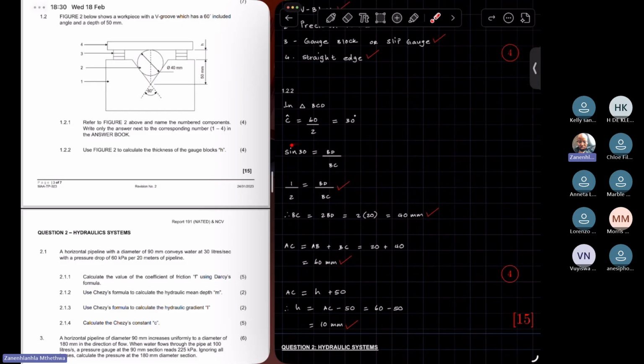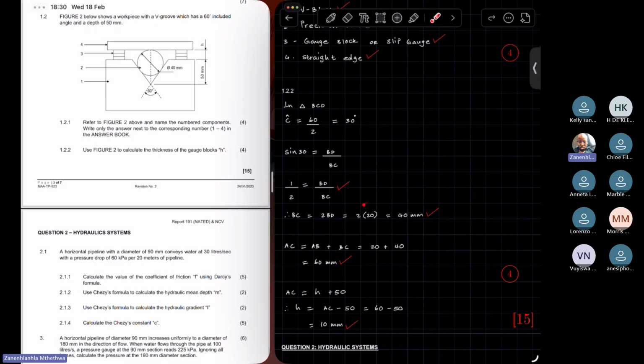Sine 30 is equal to a half. That's why here I have a half is equal to BD over BC. And then to get BC, you simply cross multiply here. Therefore, BC is equal to 2 times BD. BD is the radius, 20.